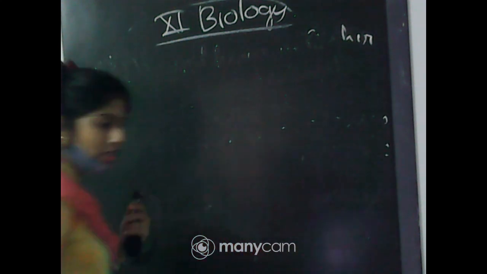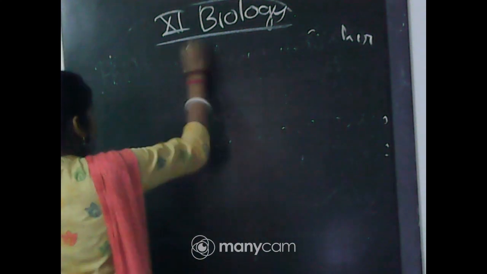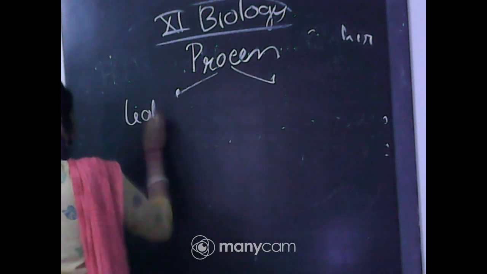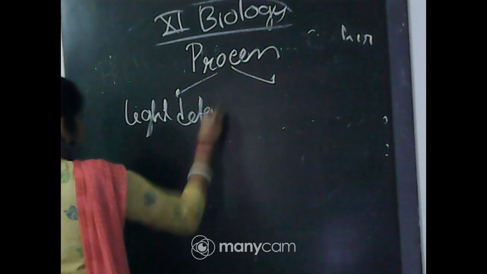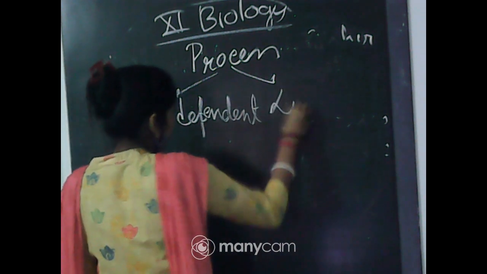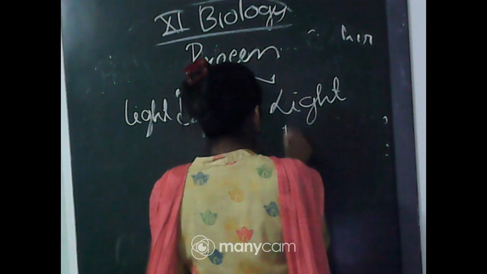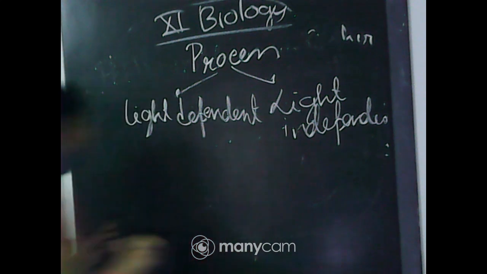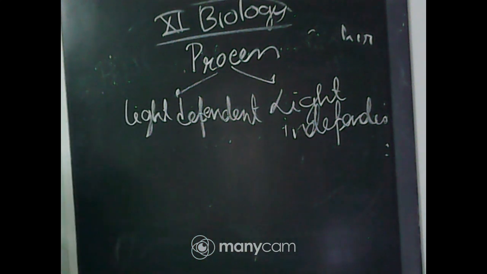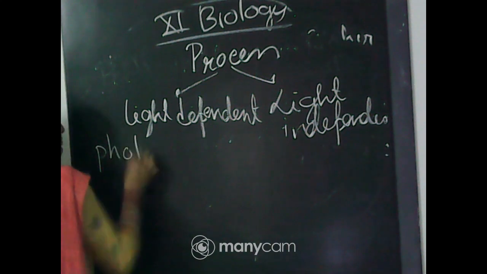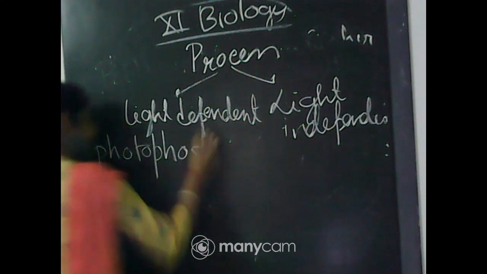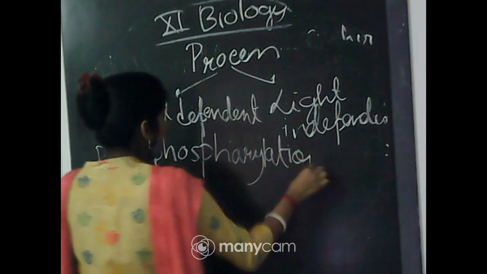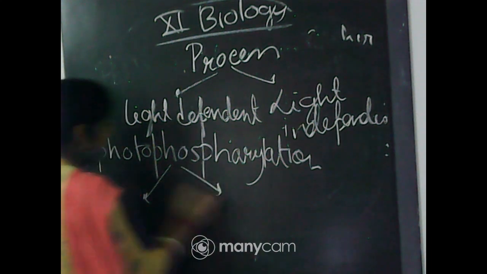Now in my previous class I discussed one more thing, that the process can be divided into two parts. What are these? Light reaction and dark reaction. Two processes are there, light dependent and light independent. And the light dependent process is also considered as photophosphorylation, and this photophosphorylation may be of two types.